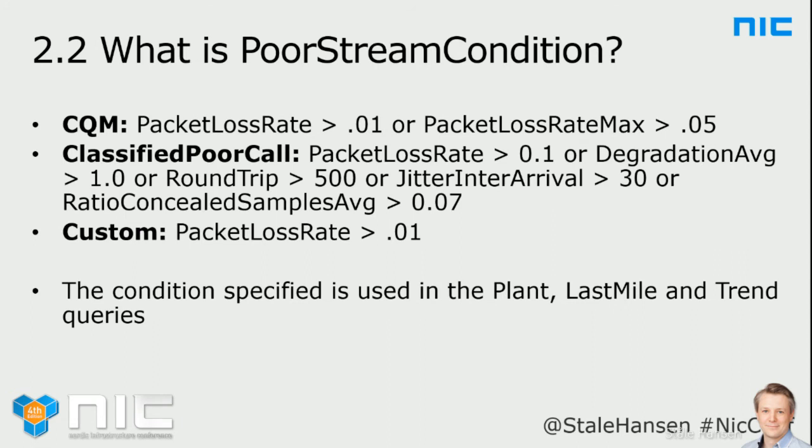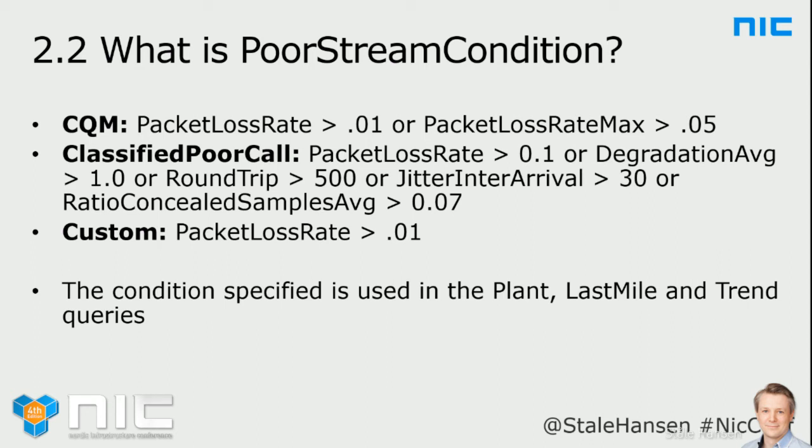So what is poor stream condition? Well, Microsoft said that they are having trouble communicating with the network guys, right? When we as Lync guys try to talk with the network guys, and we talk about ratio concealed samples average, we talk about degradation average, they don't care about that.